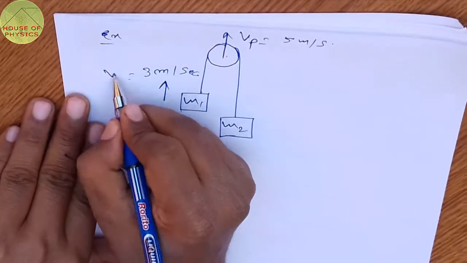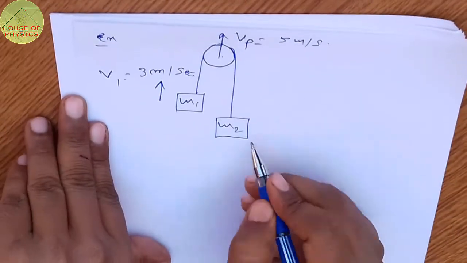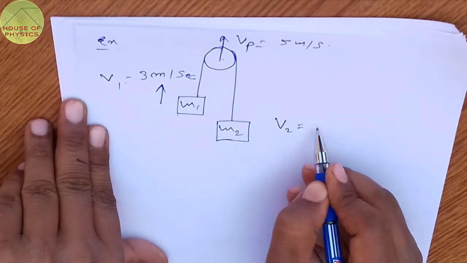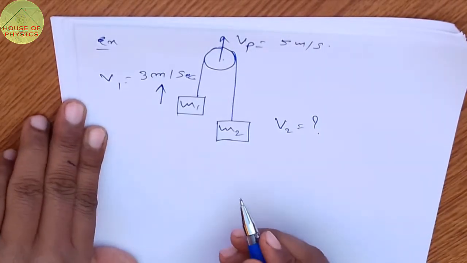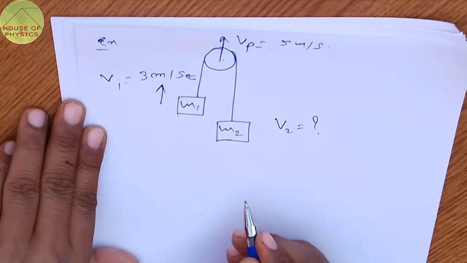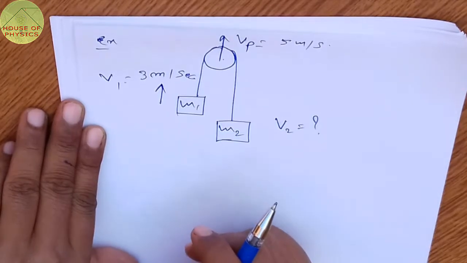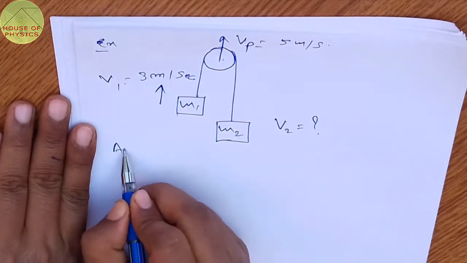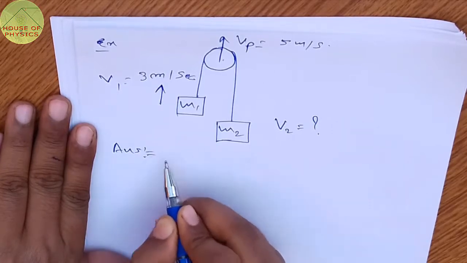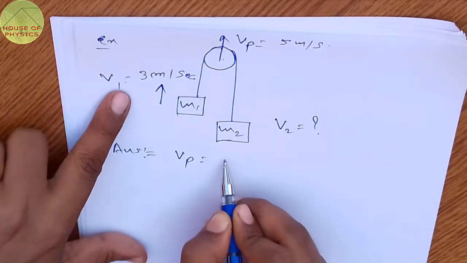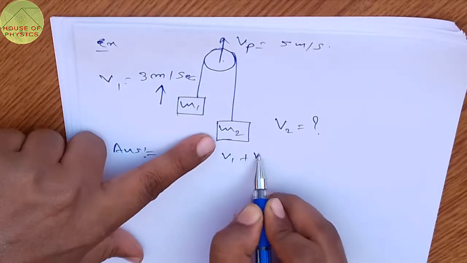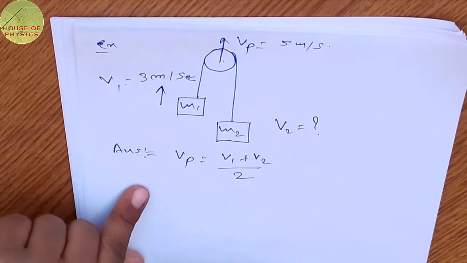This is the velocity of the pulley, and the velocity of M2 has to be found. What will be the value for M2? Again, this is a pulley block system. Finding the answer is very simple: the velocity of the pulley is equal to the velocity of block M1 plus the velocity of the other block M2, divided by 2.